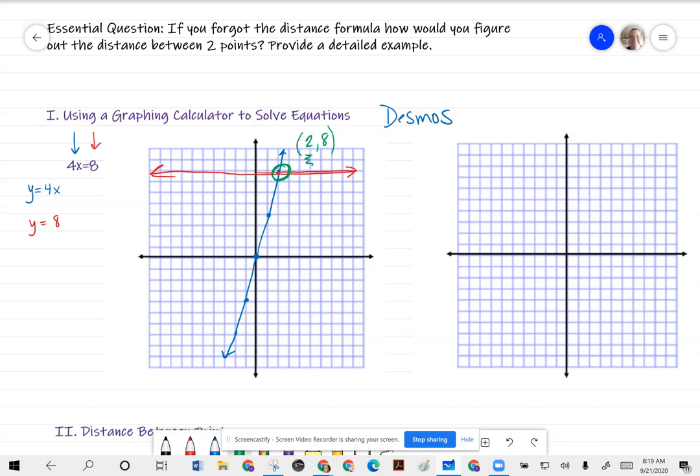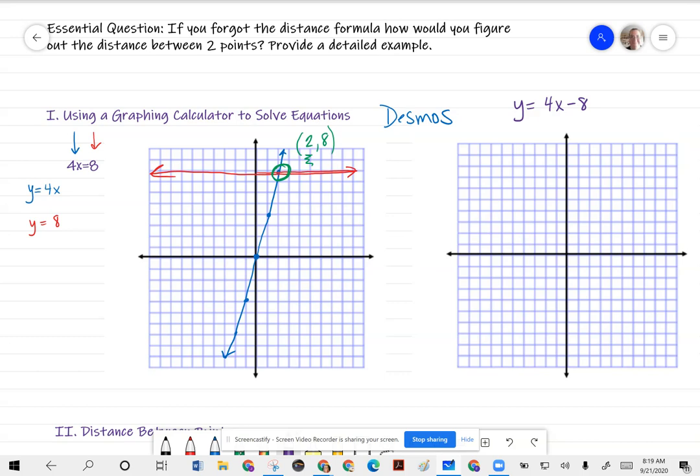Now the other way to utilize this is to rewrite 4x minus 8 into an equation. So y equals 4x, and now we would want to subtract the 8 over to the other side, so it would equal 0. Now we have a traditional linear equation, and the solution to this is going to be where it shows up on the x-axis.